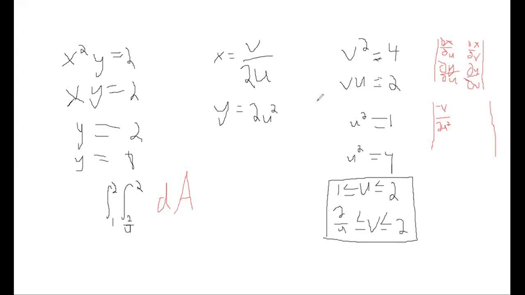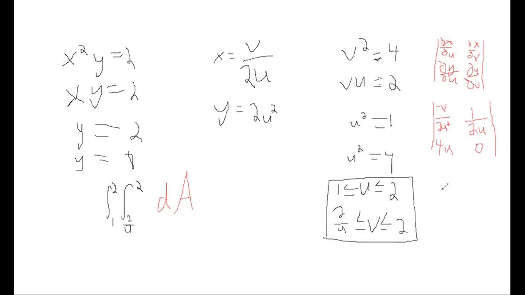And then our next look is going to be dx dv, which is just going to be 1 over 2u. Not really a problem. The next thing we're going to deal with is dy du. Dy du is just 4u, and then dy dv is just 0.